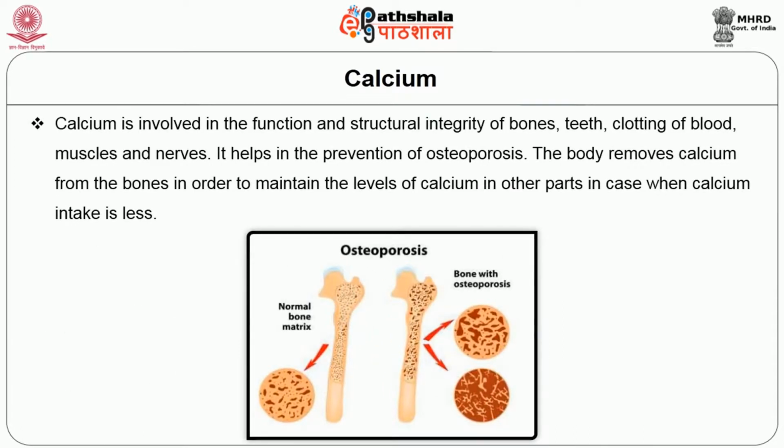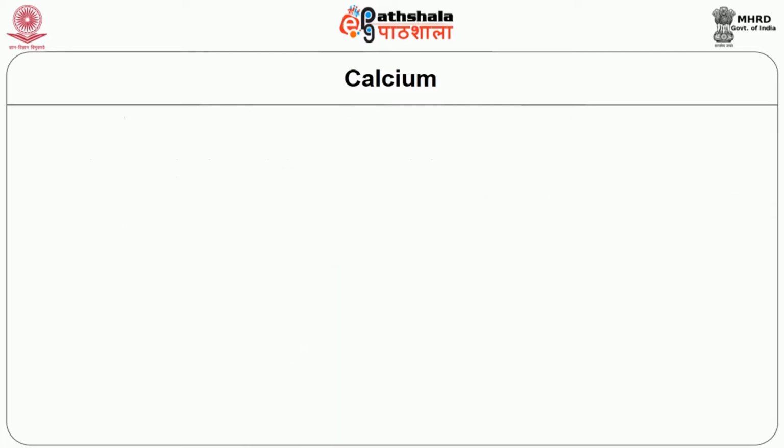Calcium is involved in the function and structural integrity of bones, teeth, clotting of blood, muscles and nerves. It helps in the prevention of osteoporosis. The body removes calcium from the bones in order to maintain the levels of calcium in other parts in case when calcium intake is less.